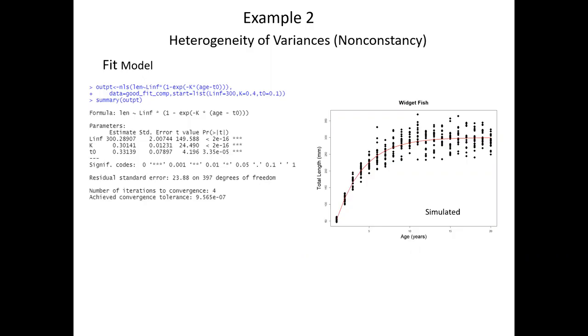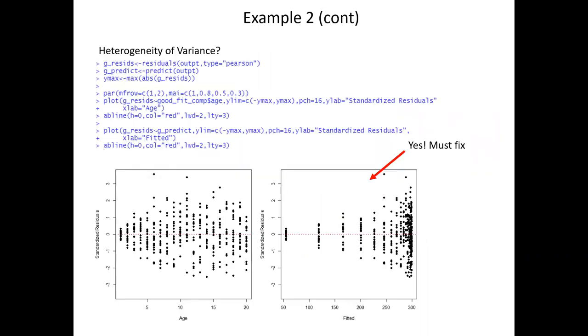In this case, I just fit this same model using the NLS function. And once we check the residuals plotted against the fitted values, you can see that there's definitely a problem, where you have increased variance in the residuals as the fitted value increases.